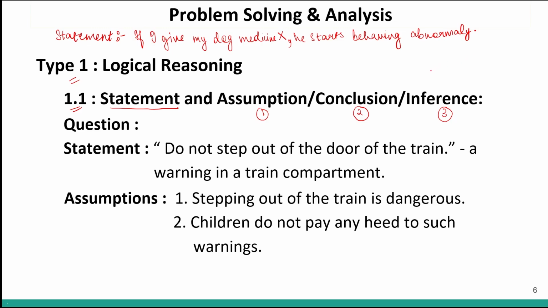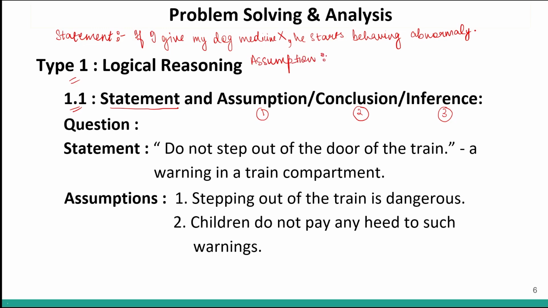This is a statement. Now, if I look at this statement, I have to find what is the assumption, what is the conclusion, and what is the inference. From this statement, I can gather an assumption. What assumption?